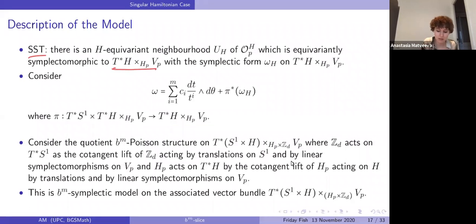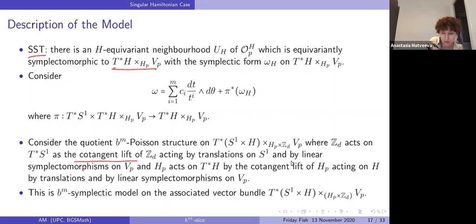If we consider our form here, with P being the projection and omega H coming from the symplectic slice theorem, then we can consider the quotient BM Poisson structure on the cotangent bundle to our group times the slice, where this finite group, thanks Raya, will act on T star S1 as the cotangent lift by translations on S1, and also it will act on T star H by cotangent lift.